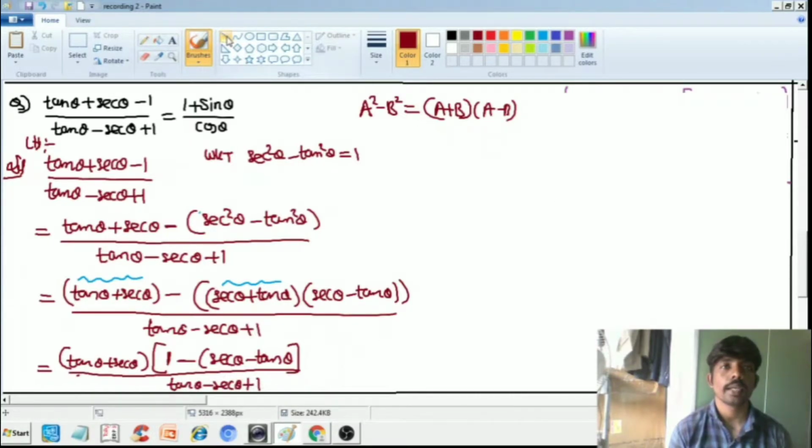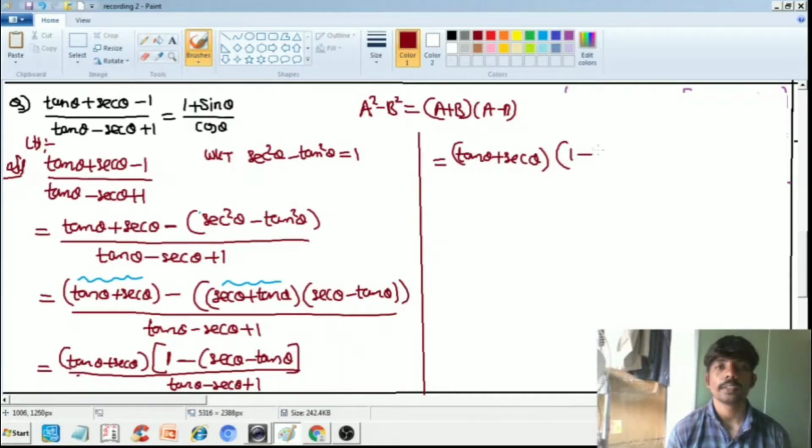In the next line, tan theta plus secant theta into 1 minus secant theta plus tan theta, by tan theta minus secant theta plus 1.